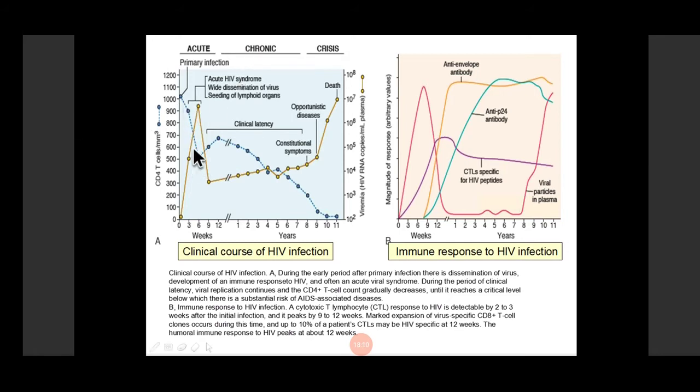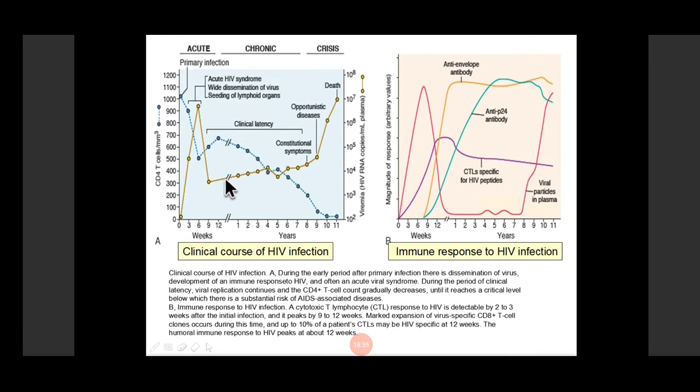Whenever there is acute viremia, there is a sudden drop in the T cells. But after some time, because host immunity comes into play, the CD4 cell count improves, and it tries to control the infection. So there is a sudden drop in the replication of the virus, but it does not stop completely.